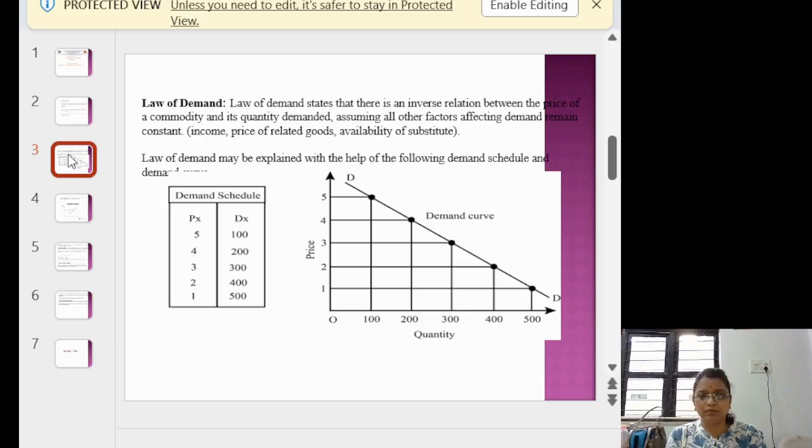Inversely proportional means when the price of a particular commodity, good or service increases, then demand for that commodity in the market will be less. If the price is low, demand is high. If the price is high, demand is low. That's why law of demand states that price and quantity are inversely proportional to each other.